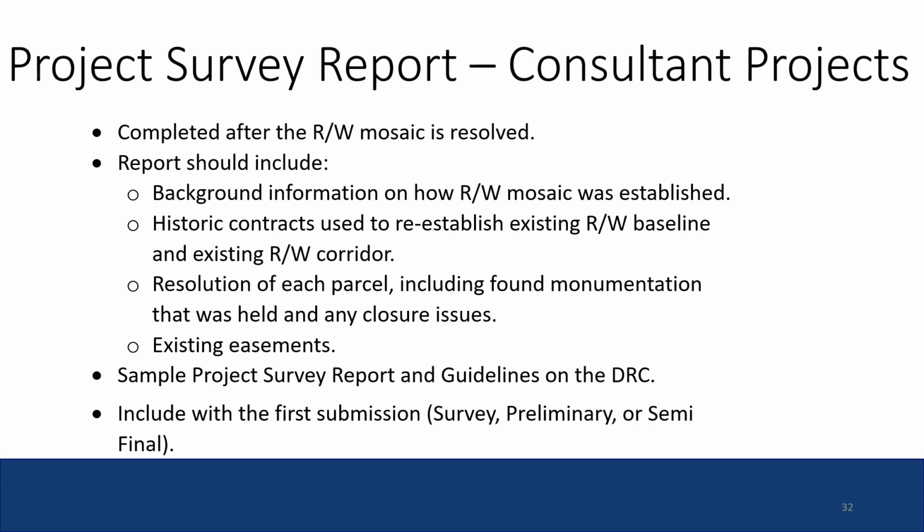An example of a project survey report and general guidance has been included on the DRC. The project survey report should be included with the first submission for the project, which can be at survey, preliminary, or semifinal stage. The project survey report helps to streamline the review of the existing right-of-way mosaic.